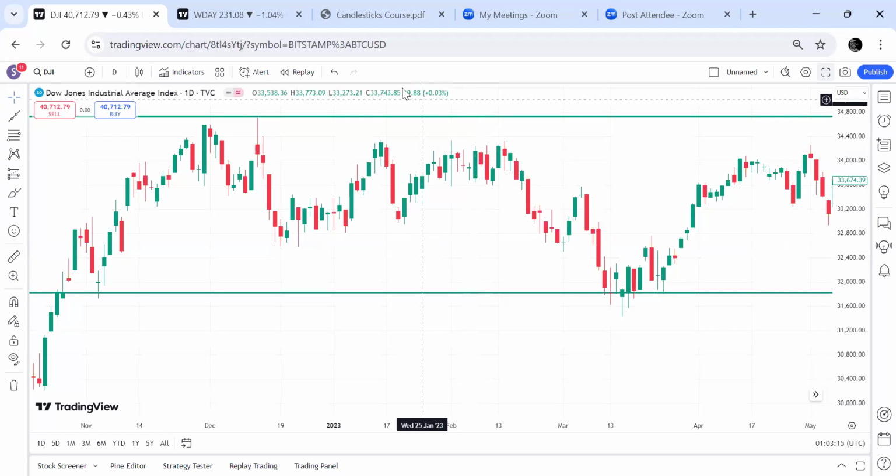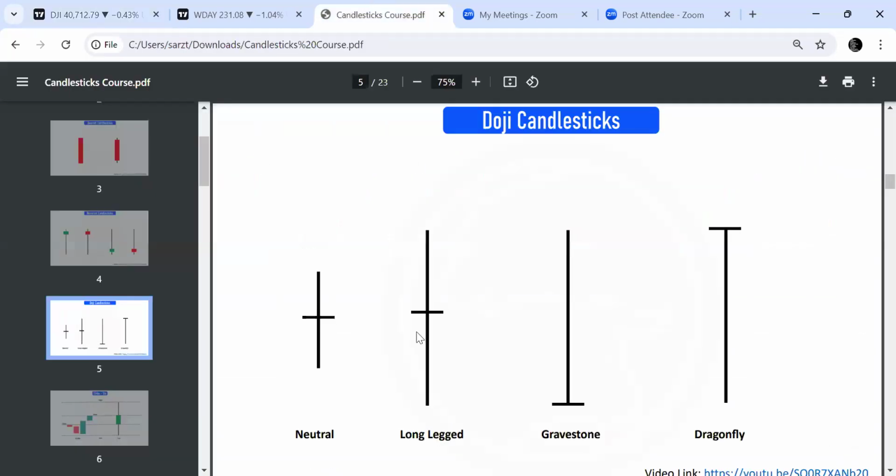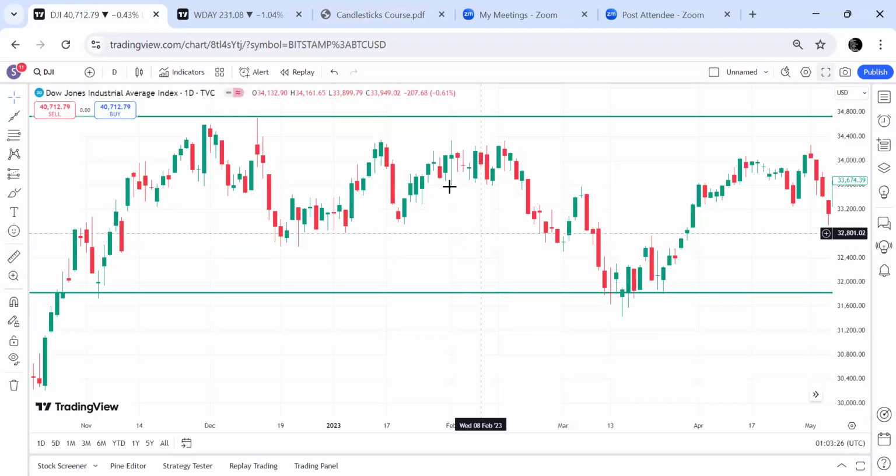In the image it is a perfect 90 degrees, perfectly calculated, but in reality there is somewhat of a difference. You can't expect it to be perfect. The intention is that there were very long wicks, and it opened and closed at the same point. So that is a long-legged doji.